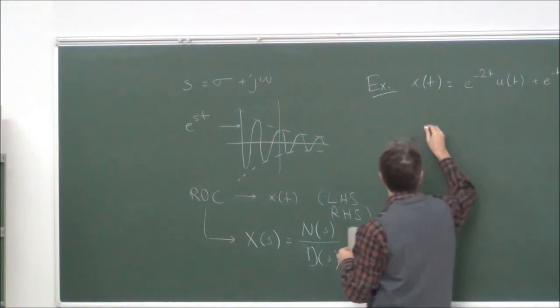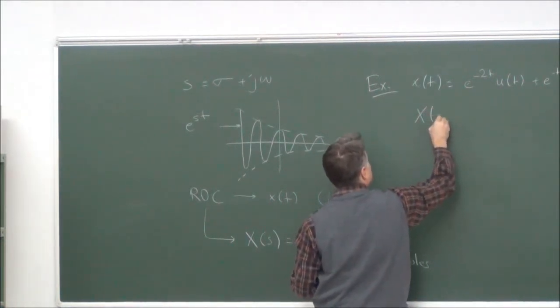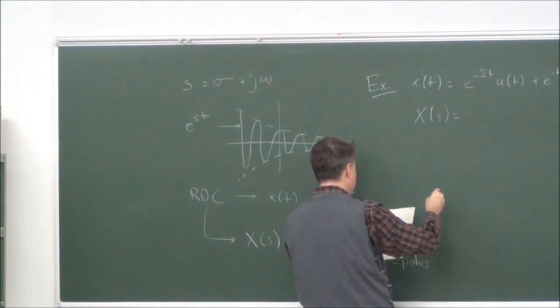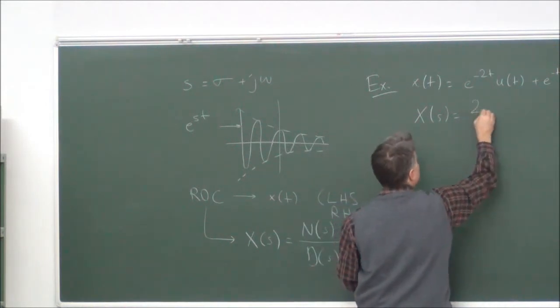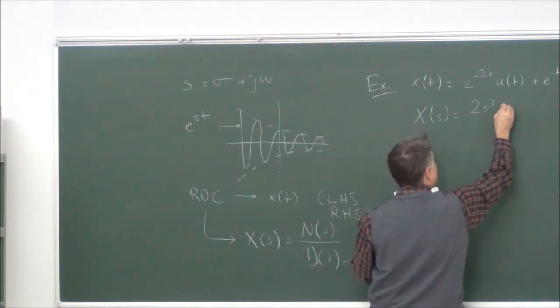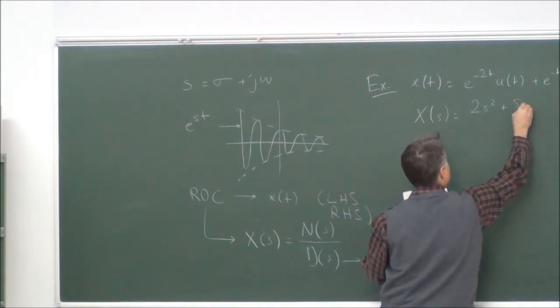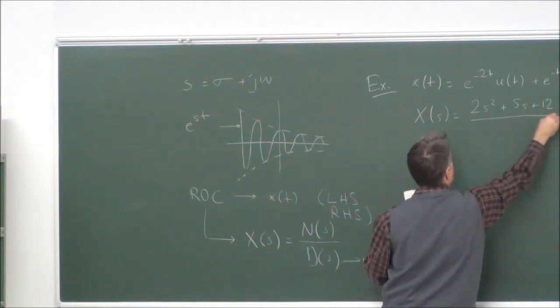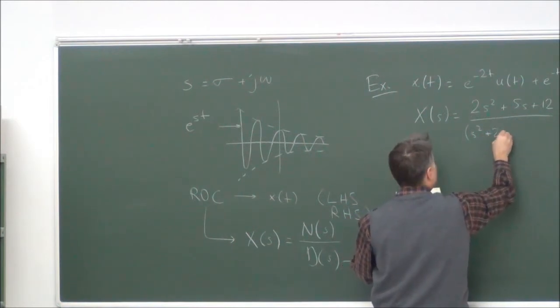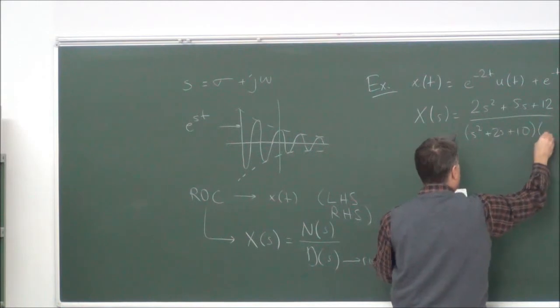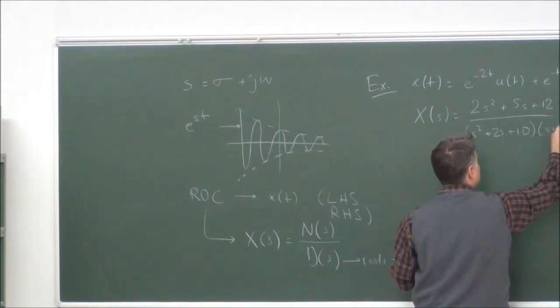And what was the Laplace transform for that? It was x of s. If you take a look at your notes, you will find this anyway. In its most compact form, it was this: 2s squared plus 5s plus 12 divided by s squared plus 2s plus 10 and s plus 2.